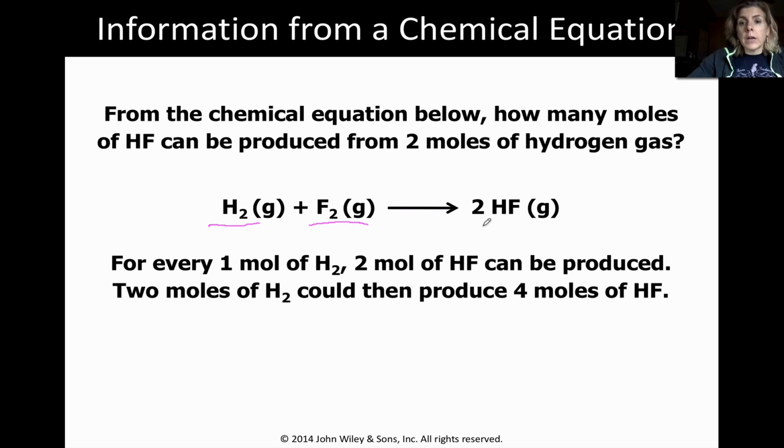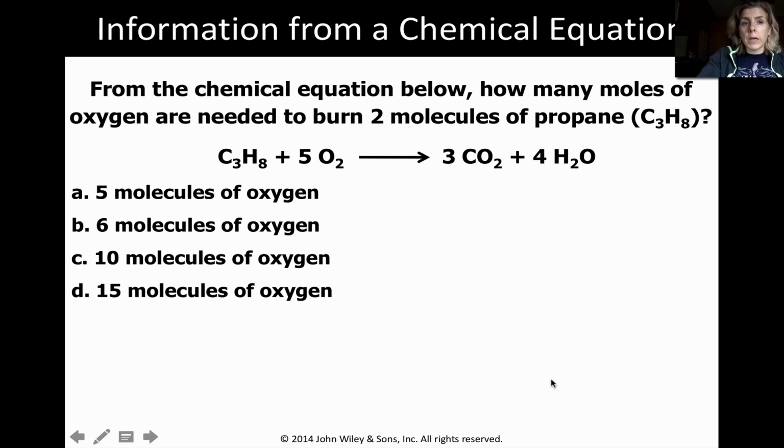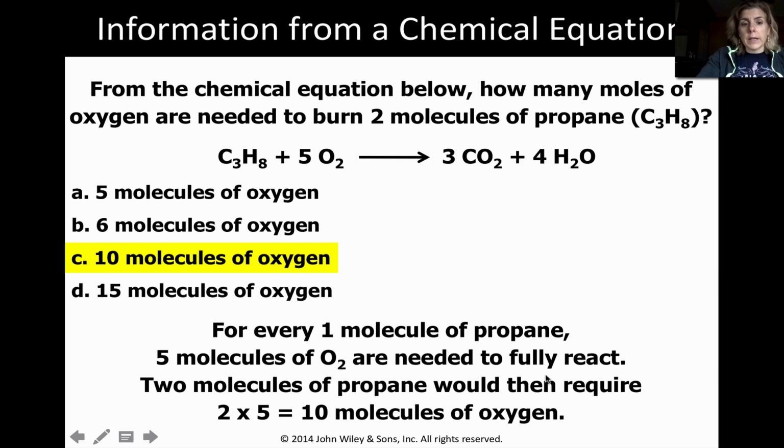Together we get hydrogen fluoride. Each of these substances on the reactant side has a coefficient of 1, and together they form 2 moles or 2 molecules of hydrogen fluoride. Okay, I'm just going to skip this slide.